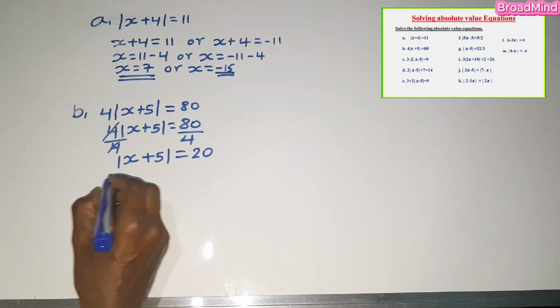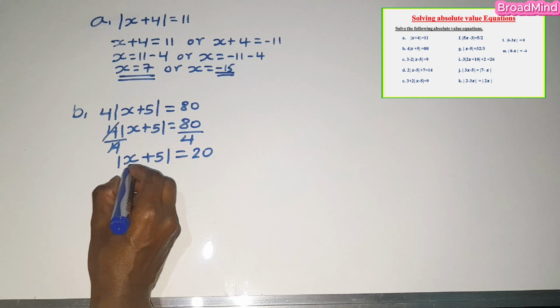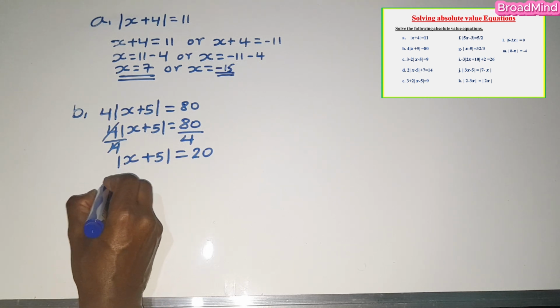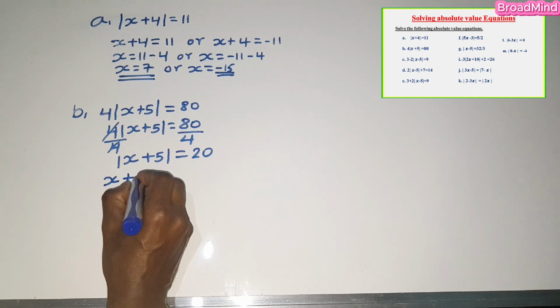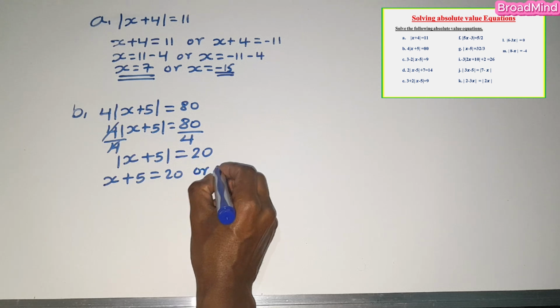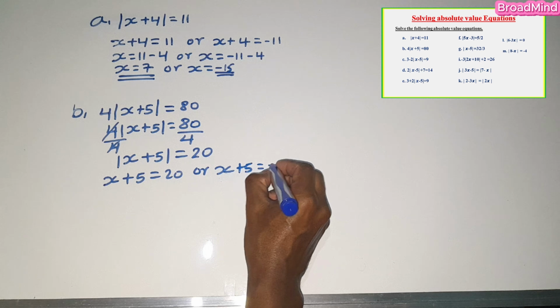Now we proceed to solve this absolute value equation, which means to find the value of x. Then x plus 5 is equal to 20, or x plus 5 is equal to negative 20.